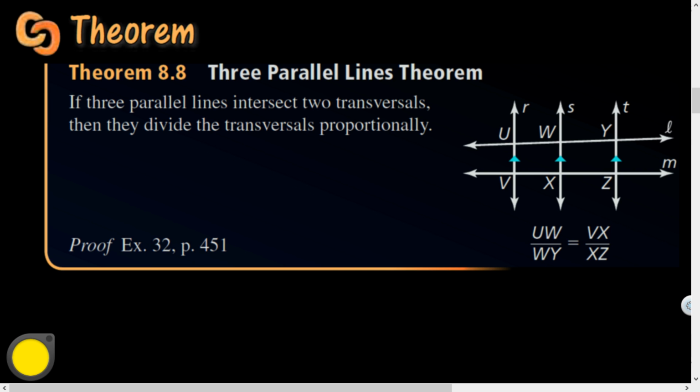All right, we did not experiment with this one in Sketchpad today, but this is what it suggests, that if 3 parallel lines intersect 2 transversals, then they divide the transversals proportionally. Now, my basic explanation of this as to why it would work: imagine if I continued this line and I was artistic.